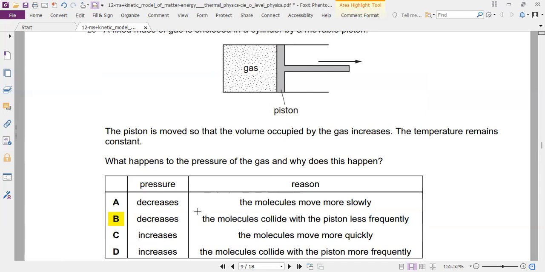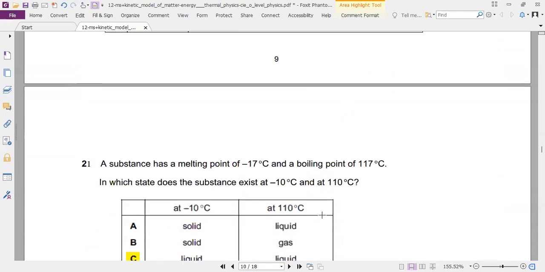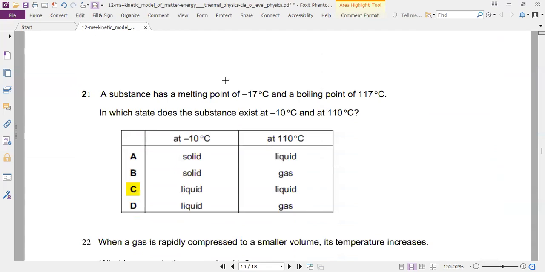And the reason for this is the molecules collide less frequently because they have more space and we have kept the temperature constant. So molecules have the same energy when the temperature is constant, but they have more space. So their collisions due to more space will decrease.